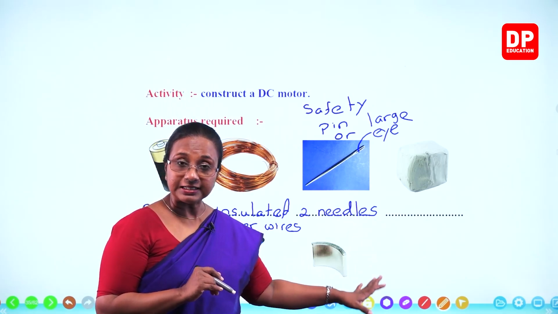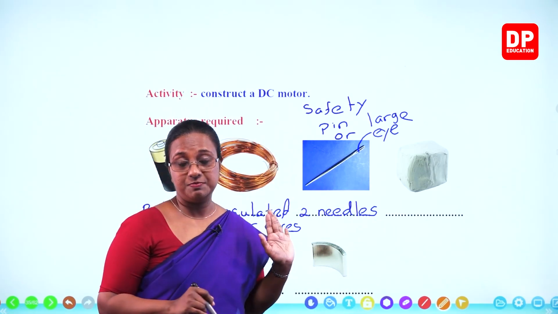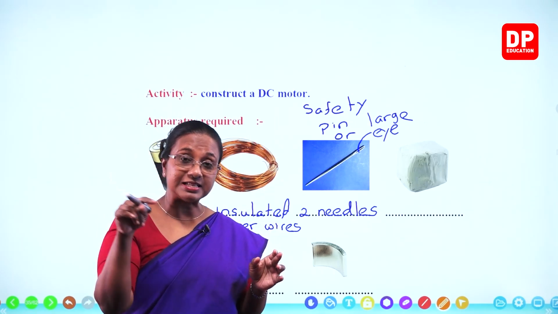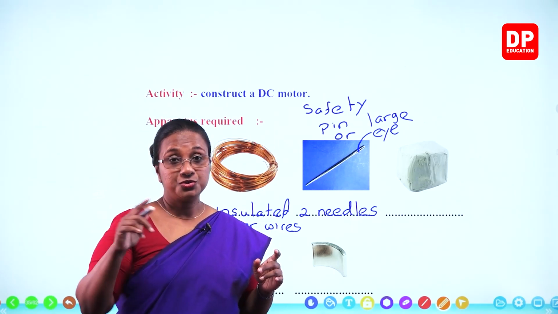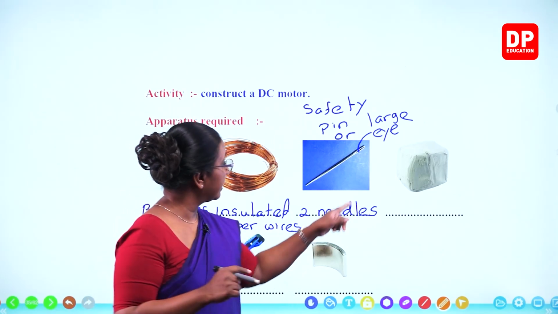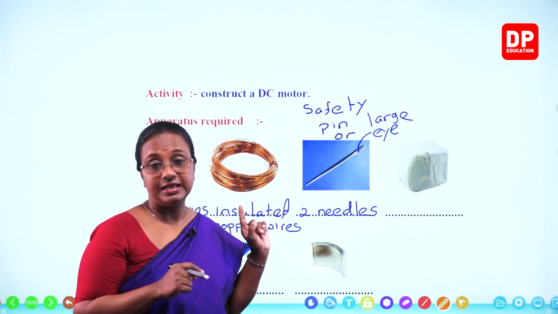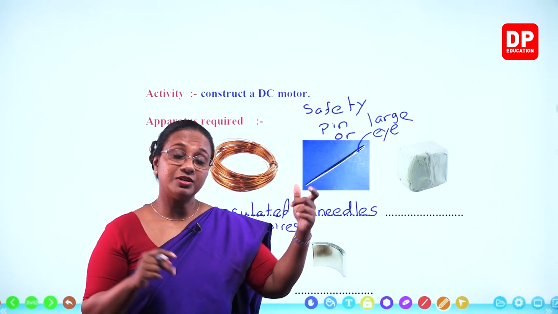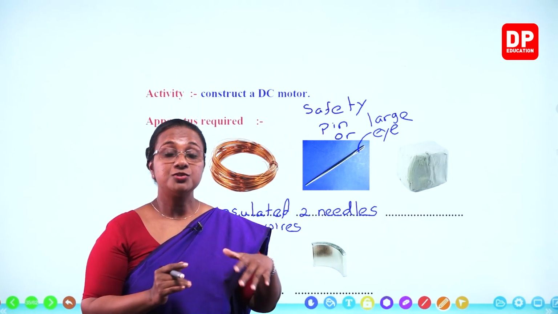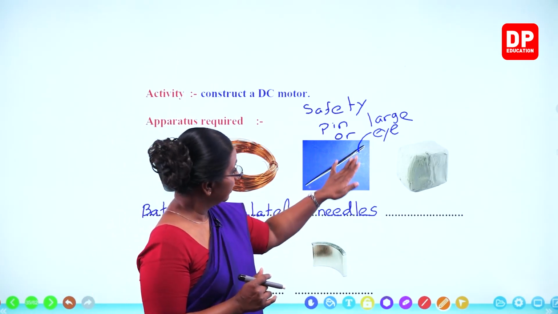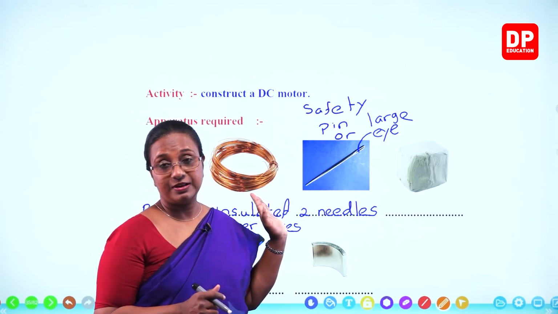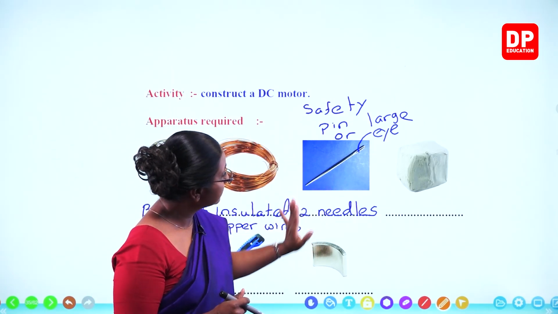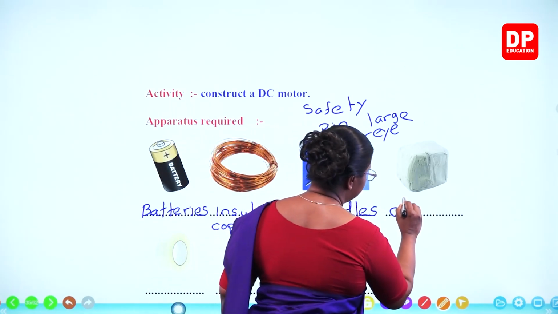So actually in the activity, I'll be using safety pins. You all know safety pins, the back of the safety pin has a large loop, so that the space is more than the eye of the needle. Even if you take a very large needle, if it's too large also, it's difficult to construct the setup. So to avoid the drawback, we can use a safety pin. You can use the needle also. So that is that.